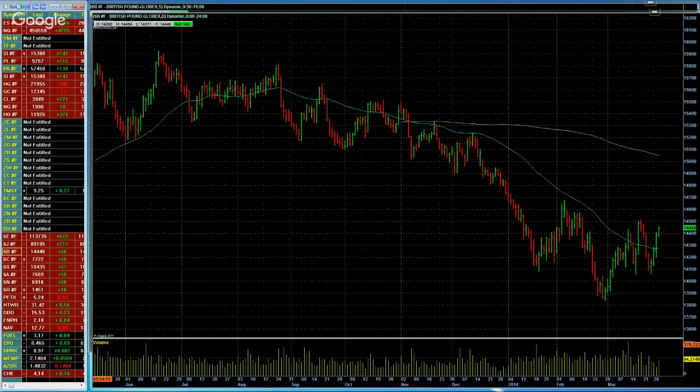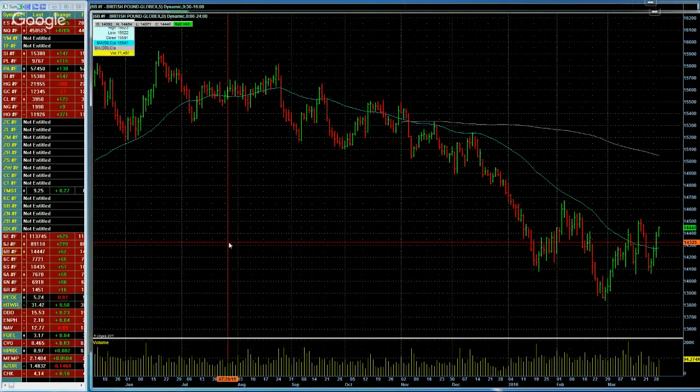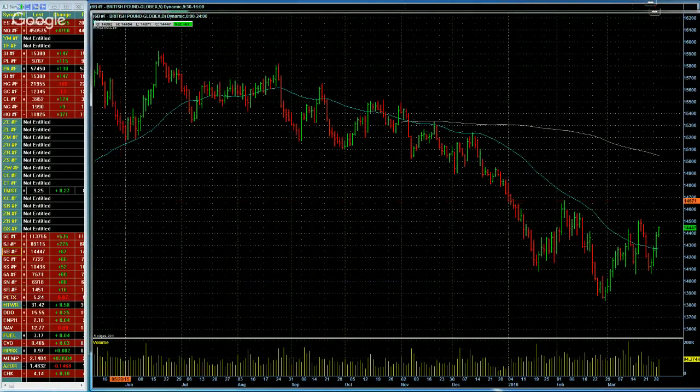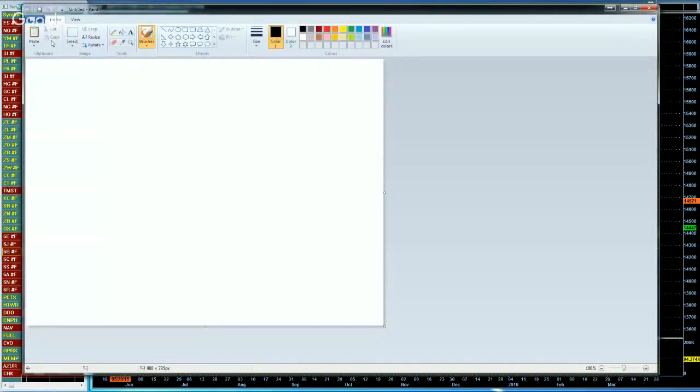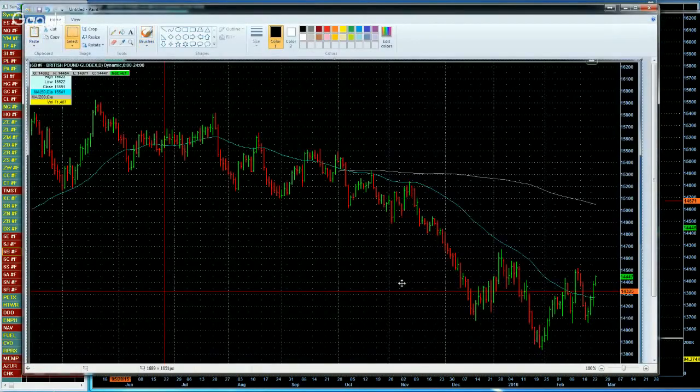I'll draw you a few pictures so you'll understand. We always, don't forget, look for the levels where there was a turnaround.